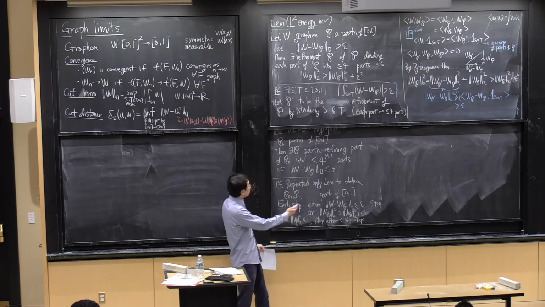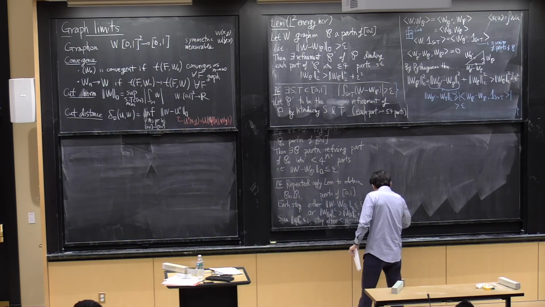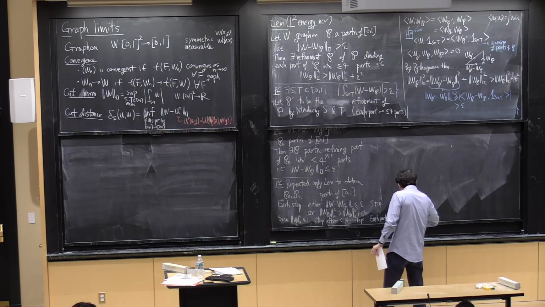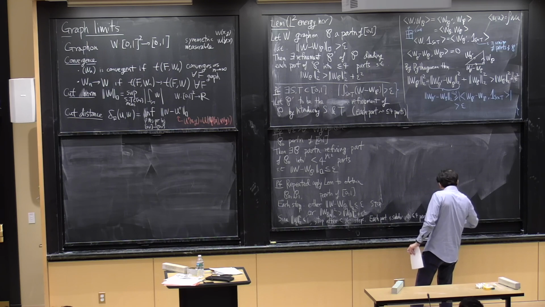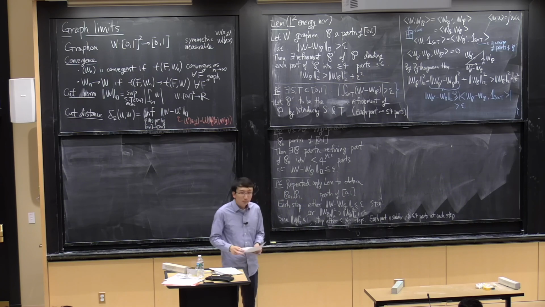If you calculate the number of parts, each part is subdivided into at most 4 parts at each step, which gives you the conclusion on the final number of parts. So very similar to what we did before.